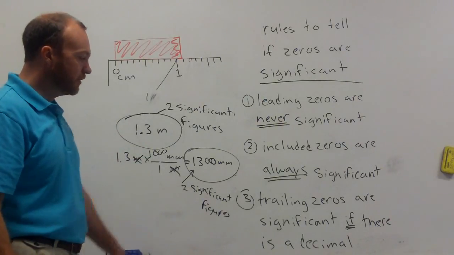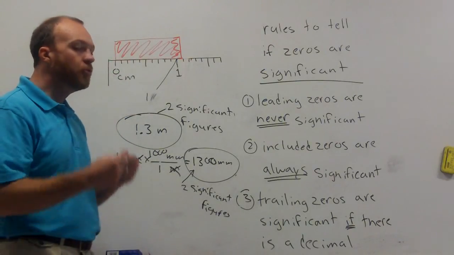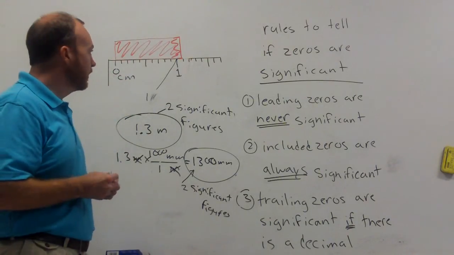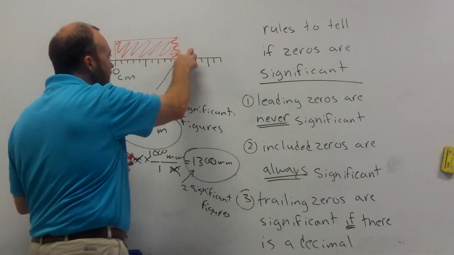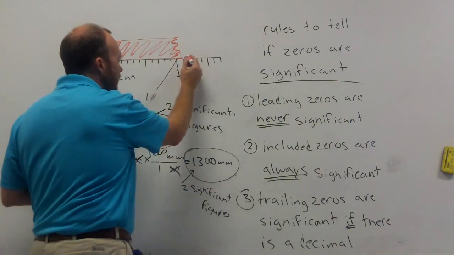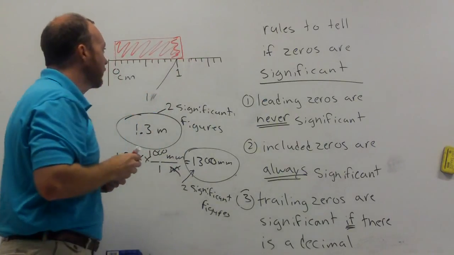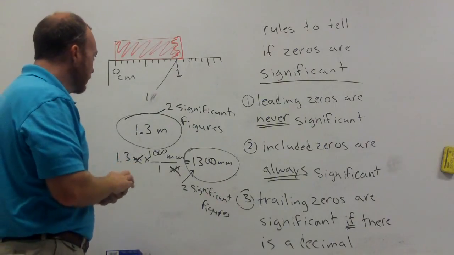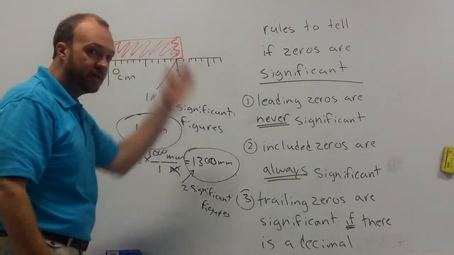Well, let me give you an example of when we would put a 0 with a decimal to show you why it is significant. So let's go back to our ruler and our measurement, and let's make this just a little bit longer so that it looks like it ends exactly on this 1.1. Now, I want to point out that when we were reading this ruler, we could read the whole centimeter exactly.